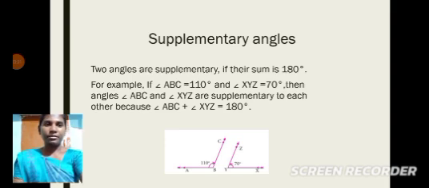Adding 110 and 70, we get 180 degrees. For complementary angles, the sum is 90 degrees, but here the sum is 180 degrees. This is the one difference between complementary and supplementary angles.